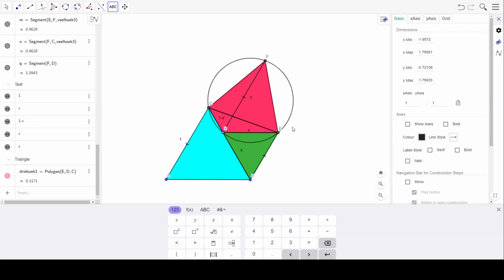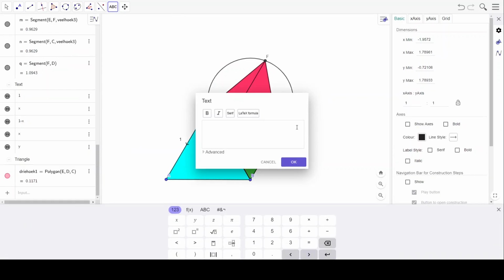Then you can use Ptolemy's theorem, which states that the product of this side times this side plus this side times this side is equal to the product of the diagonals. And because these three sides are equal, say length z, you can easily see that the z cancels out, and what comes out of Ptolemy's theorem is that y equals 1 minus x plus x, which is 1.